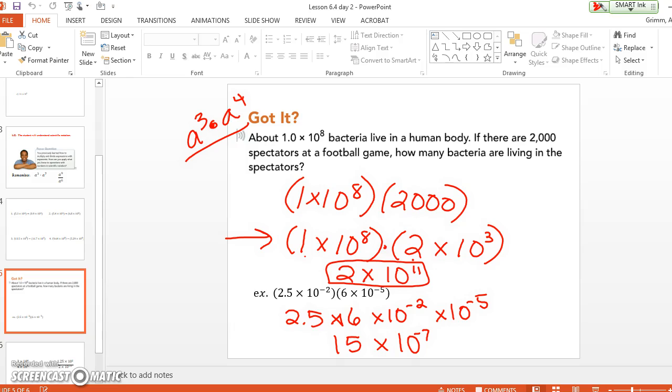Okay, and then is this in scientific notation? No. So I have to move my decimal point. And think about, first of all, is this a really big number or a really small number? Small number. So imagine that you've got all those zeros over here and then a 15. And right now, the decimal point is all the way back here. Where do I need it? In between the 1 and the 5.